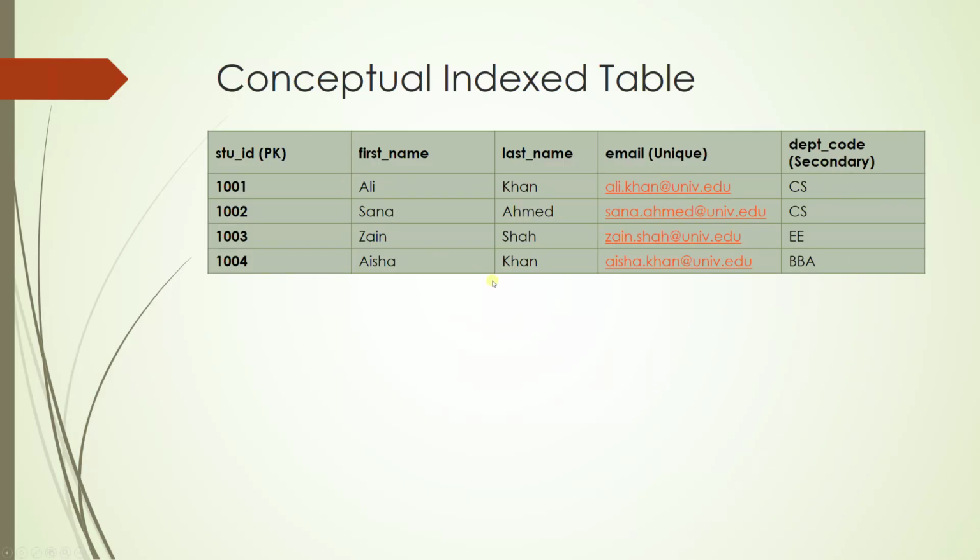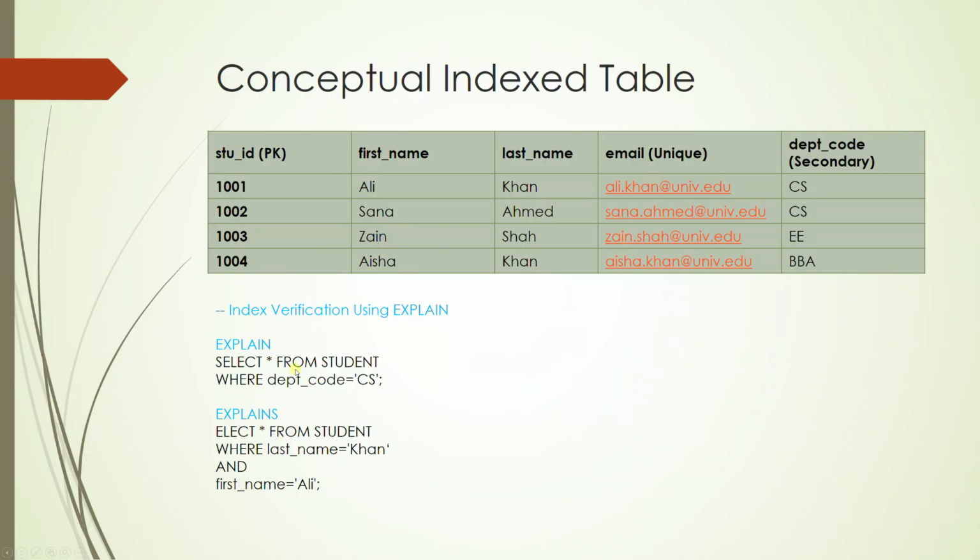Now when we would like to explain how these indexes work, in MySQL we can write select asterisk from student, this is my student table, where department underscore code is equal to CS. But with the keyword explain, it will explain how this query is executed, how the index works.